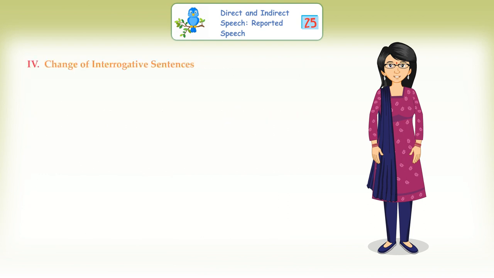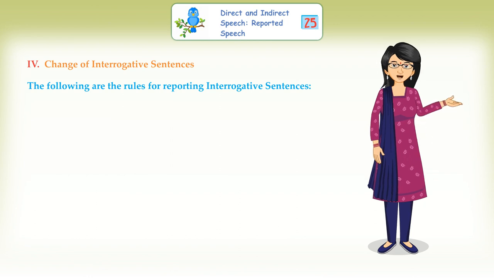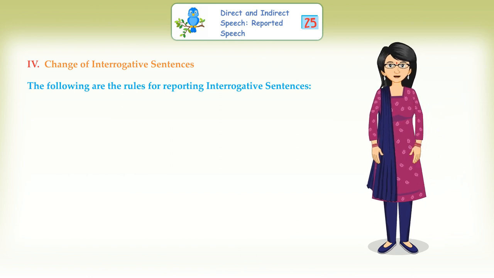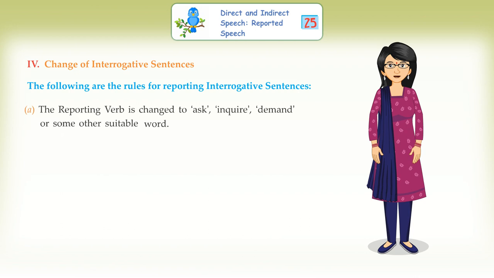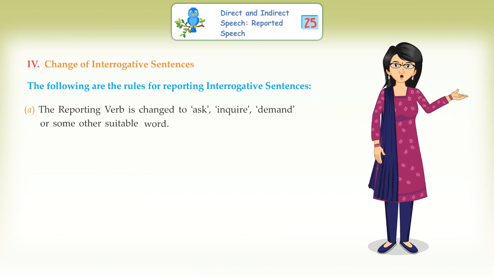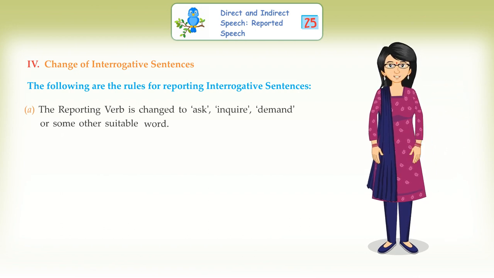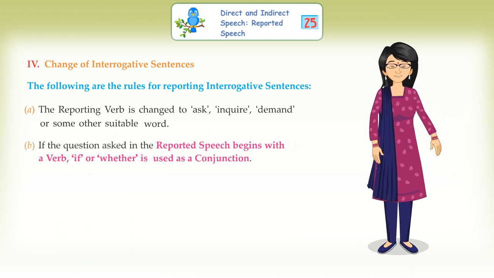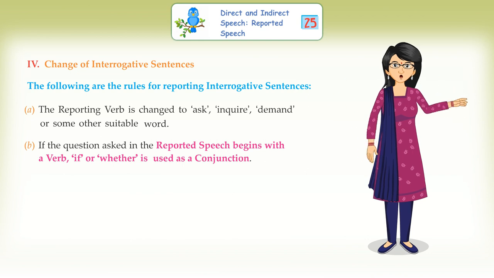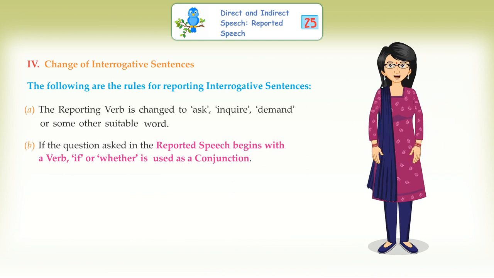Change of interrogative sentences. The following are the rules for reporting interrogative sentences. The reporting verb is changed to ask, inquire, demand, or some other suitable word. If the question asked in the reported speech begins with a verb, if or whether is used as a conjunction.